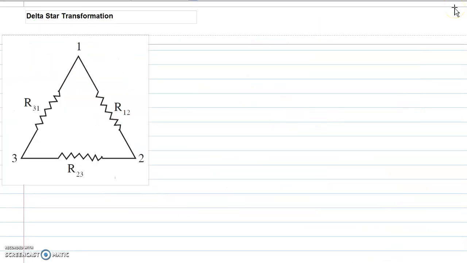The first intention is to convert a delta to star. Here you can see a delta connected network. Between 1 and 2, the resistance is named R12. Between 2 and 3, it is R23. And between 3 and 1, it is R31. I need to convert this delta form to a star form. Inside the delta, I will draw the star resistive network.